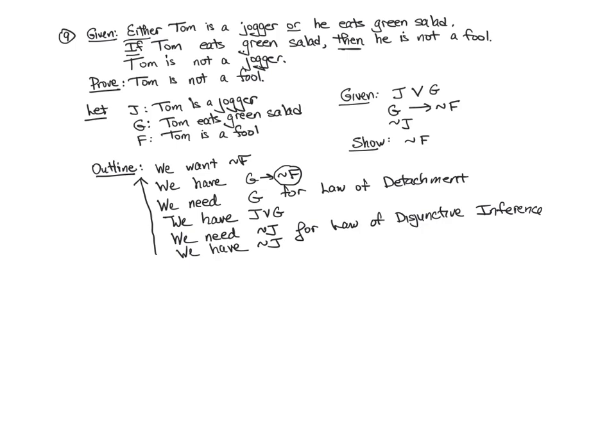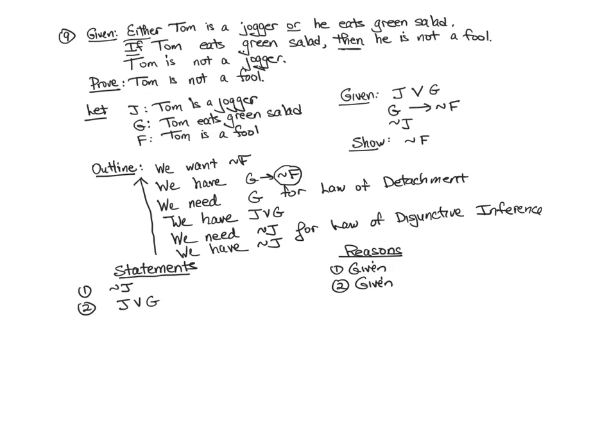So let's write this out. Statements and reasons. And working backwards, I'm going to start with the not J, which is given. And we were going to use that with J or G. That's also given.